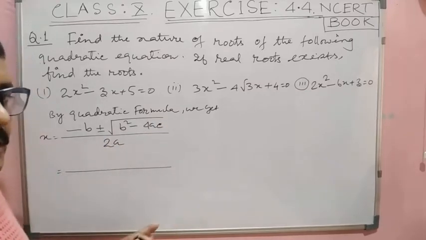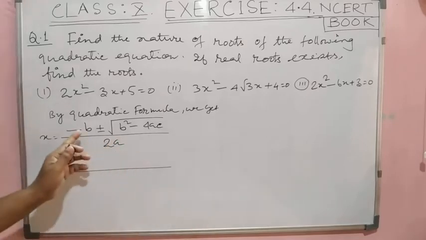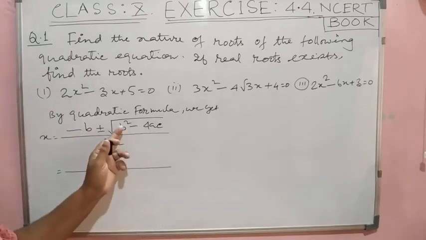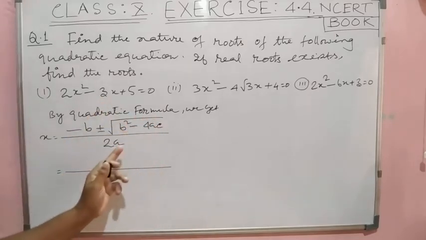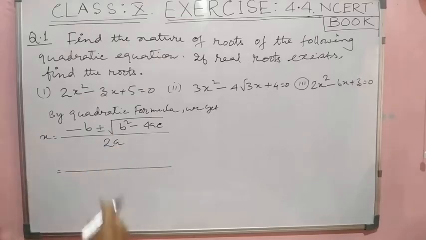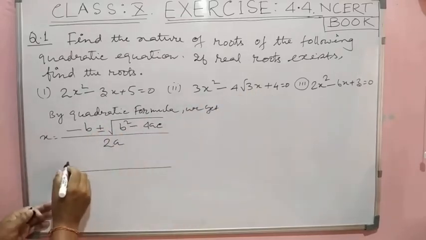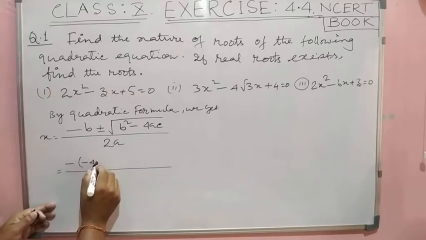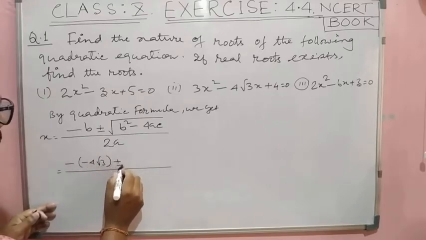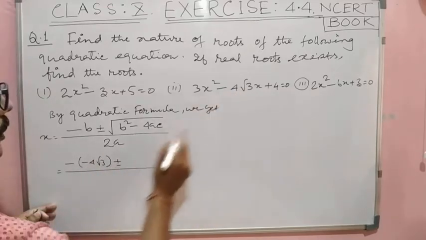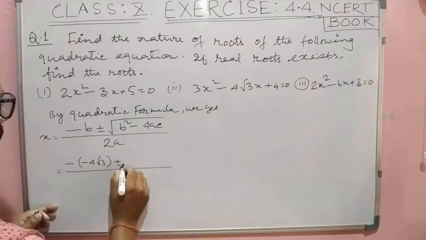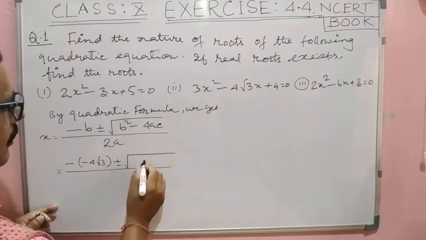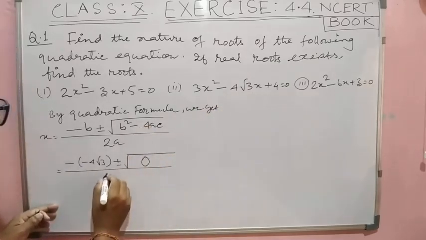So this is the quadratic formula. So now we will put the value of b, the value of b square minus 4ac and the value of a. So value of b, definitely it is here given minus 4 root 3. Value of b, coefficient of x, and b square minus 4ac already we have calculated, it is 0.